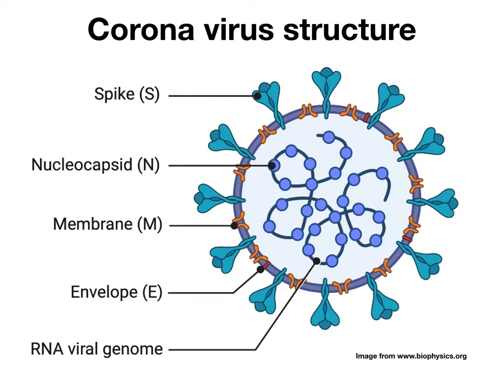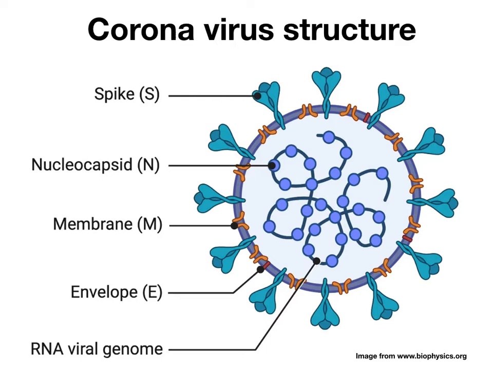So first let's look at the structure. On the previous slide you had seen a three-dimensional image, but this is a pictorial representation. Someone drew the information from that electron microscope image. So this is a very simplified image that I'm going to show and spend a little bit of time on.